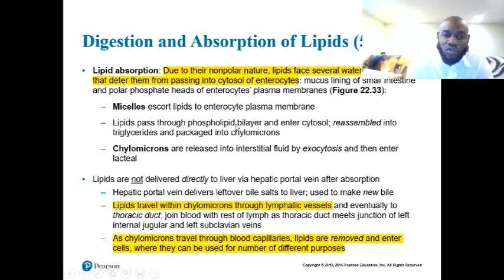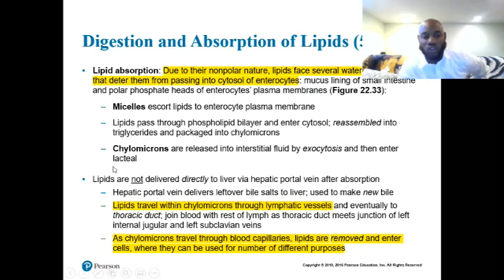Lipids pass through the phospholipid bilayer into the cytosol, and are then reassembled into triglycerides and packaged in chylomicrons. These chylomicrons are released into the interstitial fluid by exocytosis. Notice, not facilitated diffusion, and then they enter the lacteal.